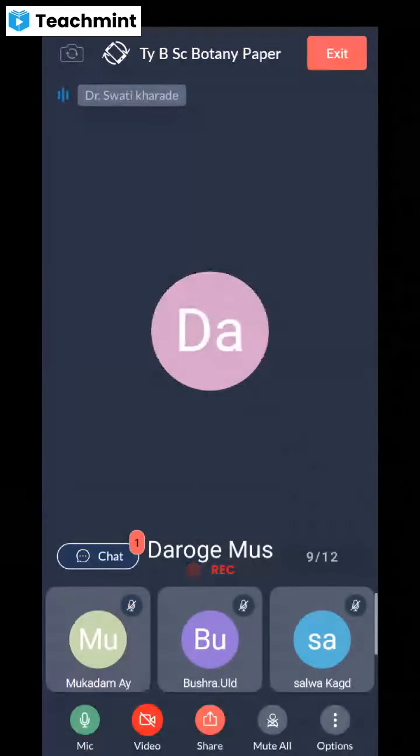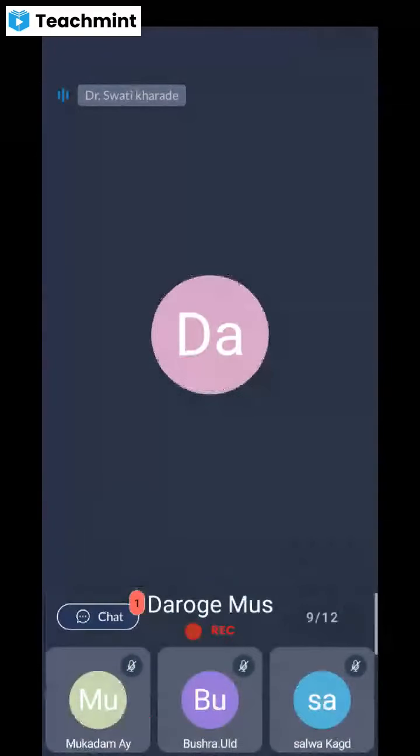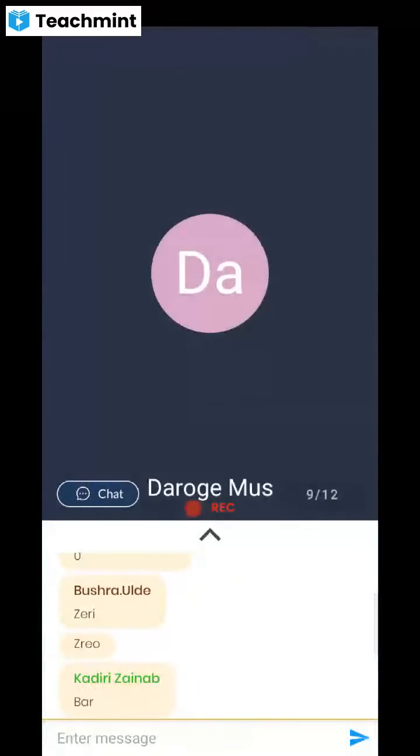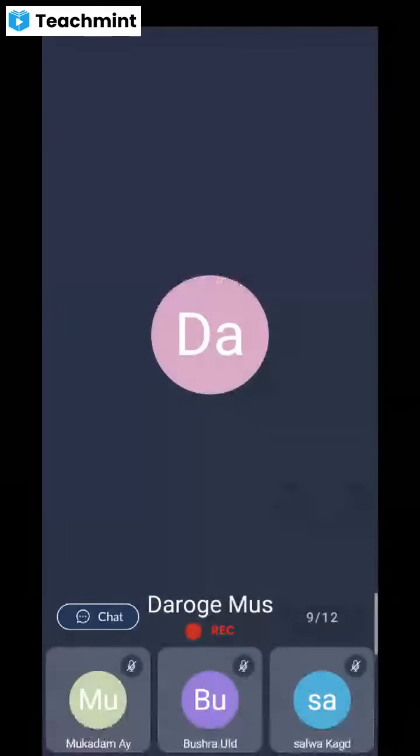The unit is the bar. Bar is the unit of water potential. The remaining part we will discuss in the next lecture. So now I stop here.